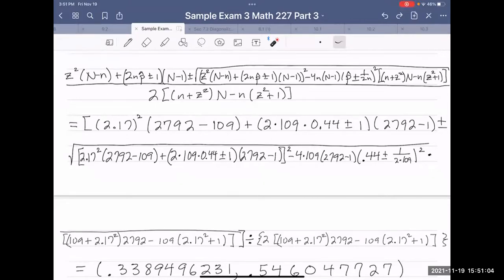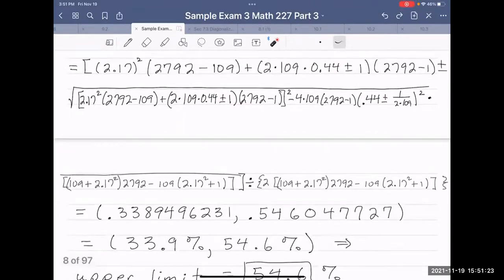I selected the wrong line. P hat by 0.44. Oops. And this by 0.44. And that's it. Okay.